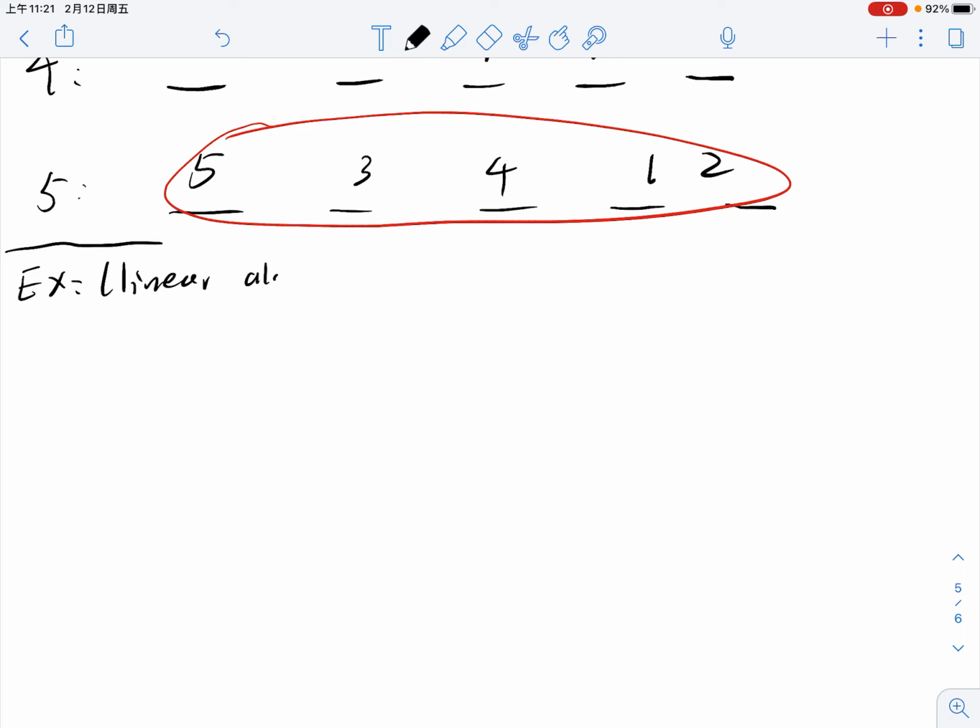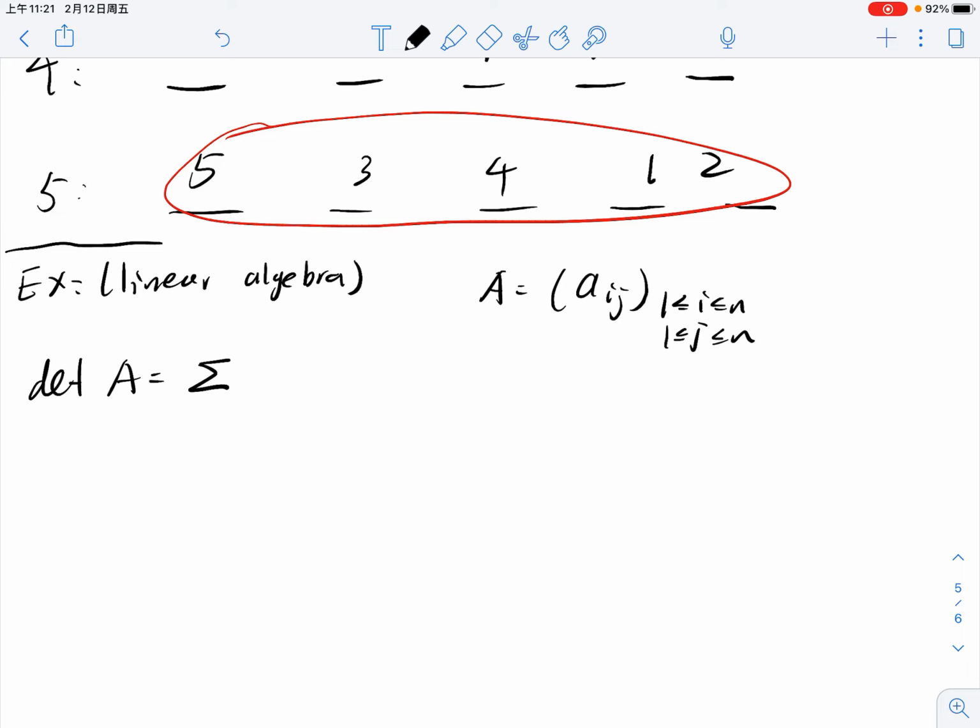For example, if you have a square matrix Aij, where i is from 1 to n and j is from 1 to n, then we can talk about the determinant of the square matrix A. You can write it as the sum of epsilon of i1 to in, times A1 i1 times A2 i2, all the way to An in.